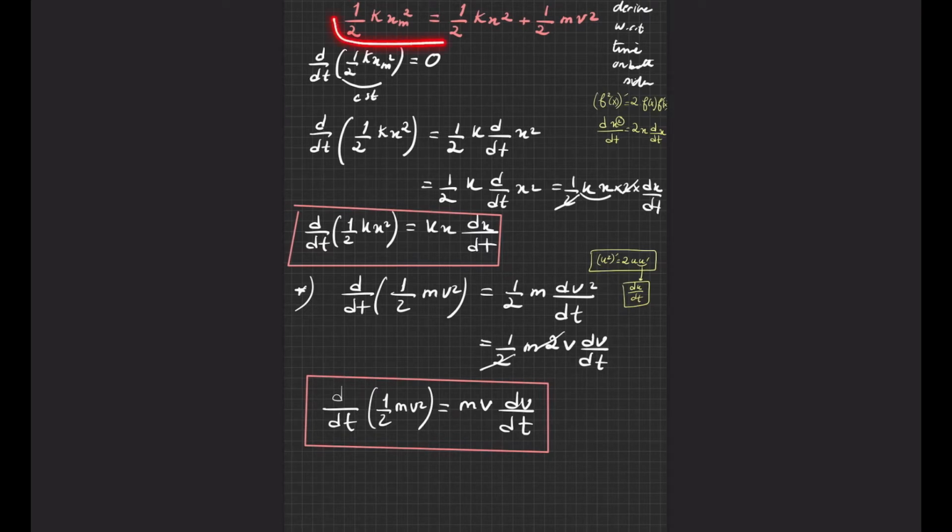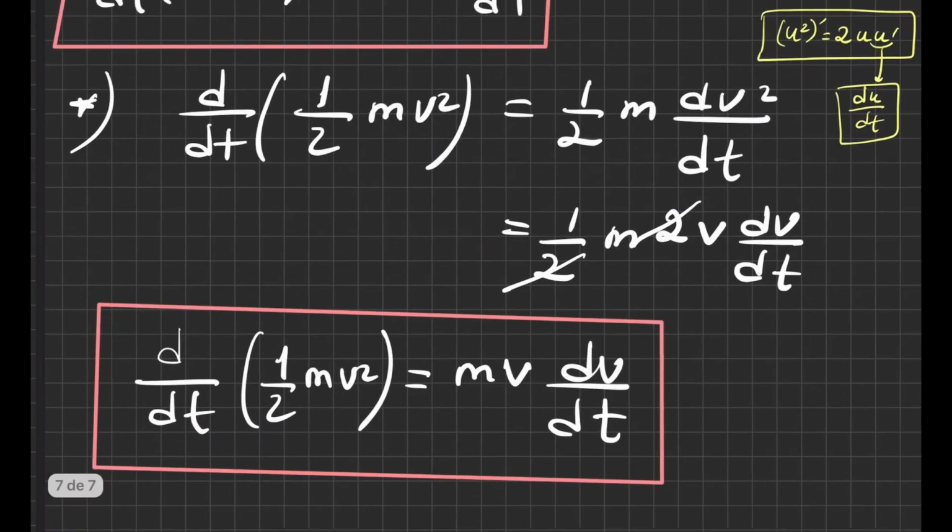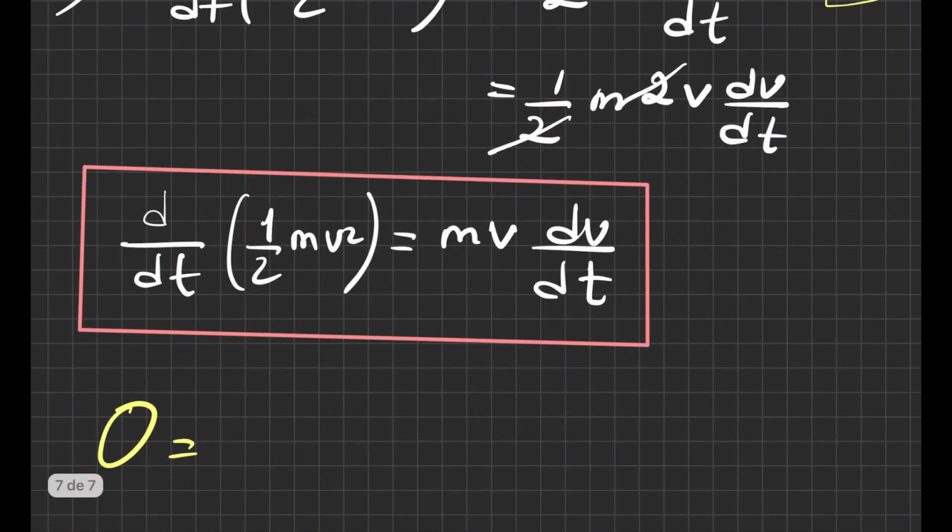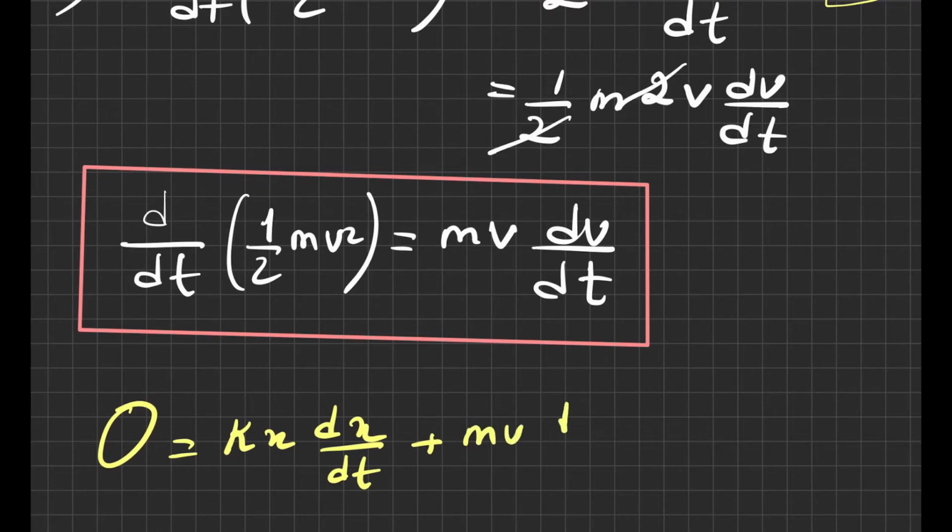So if we derive this whole equation with respect to time, we're going to end up with 0 from this part, kx dx over dt from this part, and mv dv over dt from this part. Let's see what we are going to have. So 0 equals this one here, kx dx over dt plus mv dv over dt.